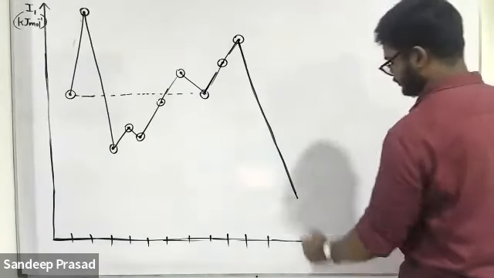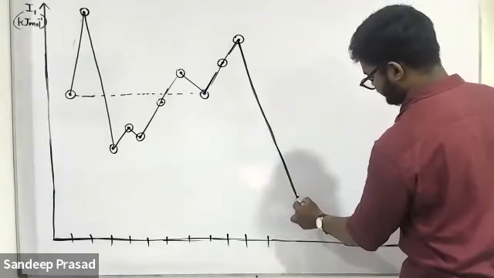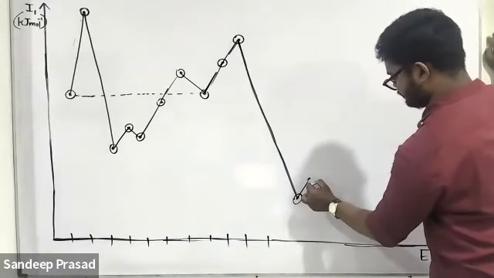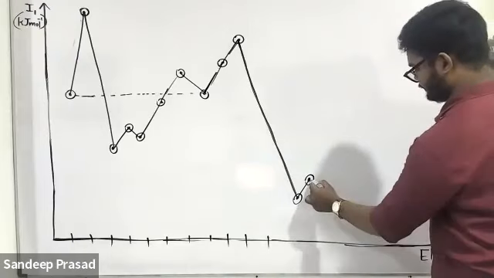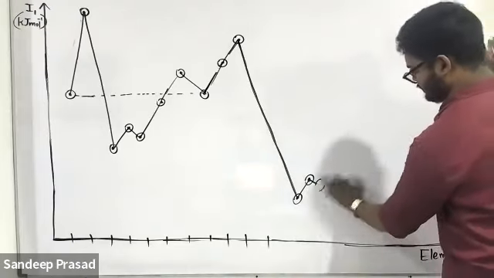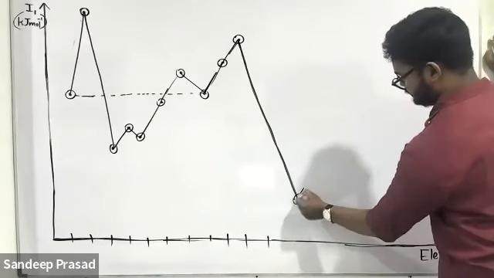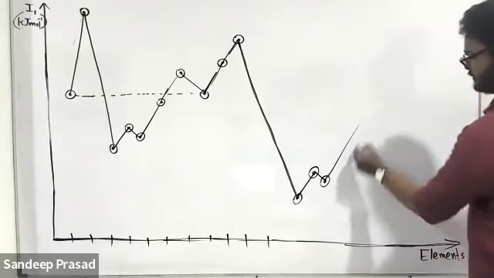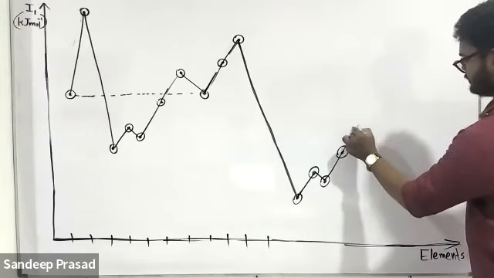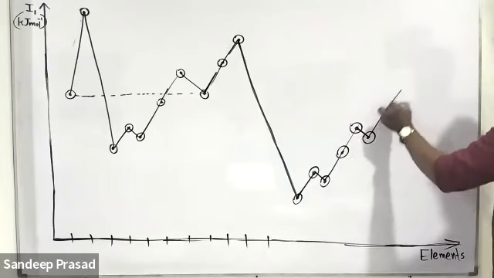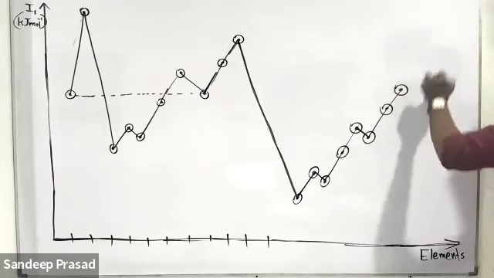Now we are coming back to the third period elements. Sodium, magnesium, aluminium, silicon, phosphorus, sulfur, chlorine, argon.